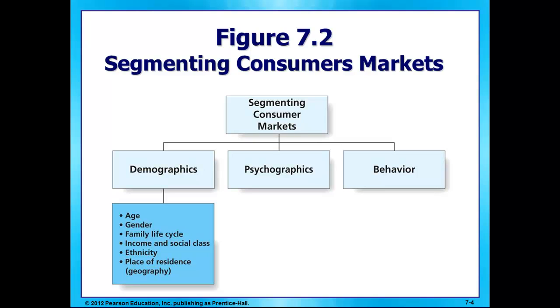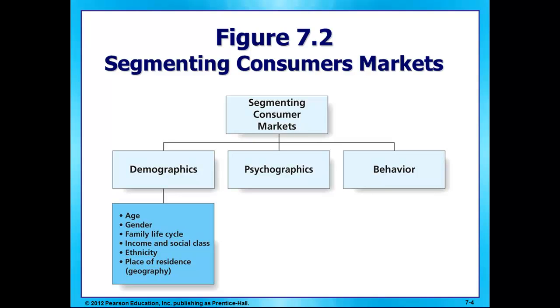The first variables that we'll look at are the demographic variables. And these are the common demographic indicators such as age, gender, stage of the family life cycle, income and social class. Remember, social class includes income, education, and occupation.